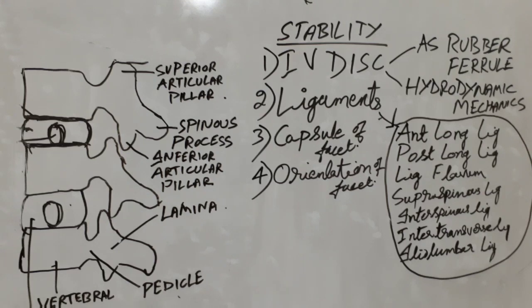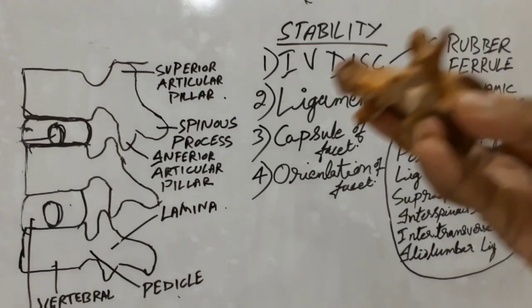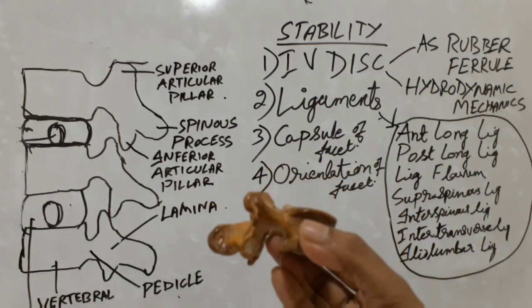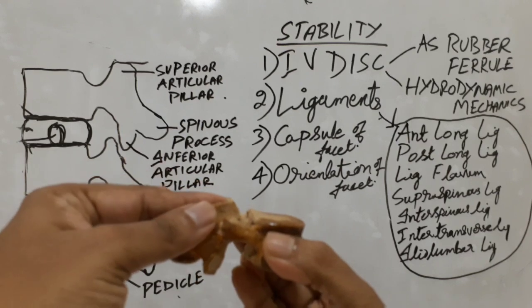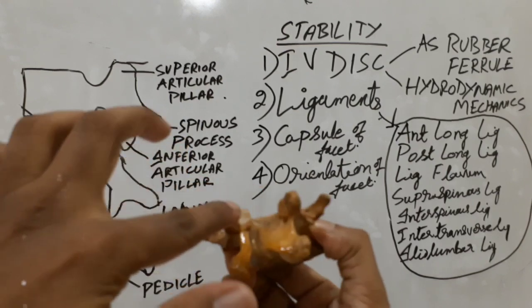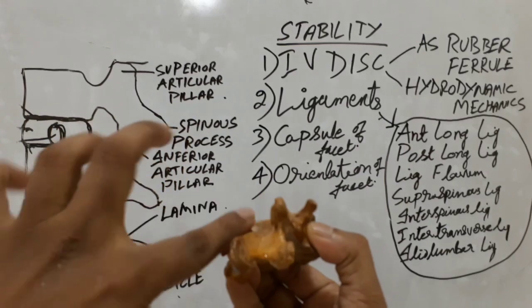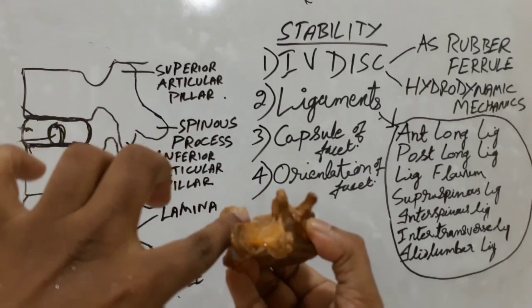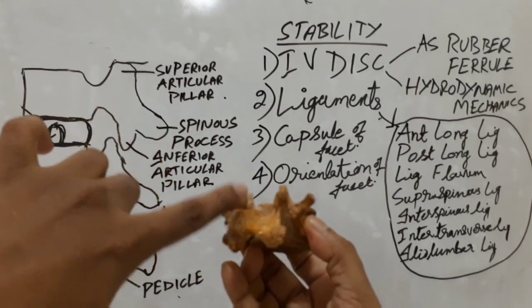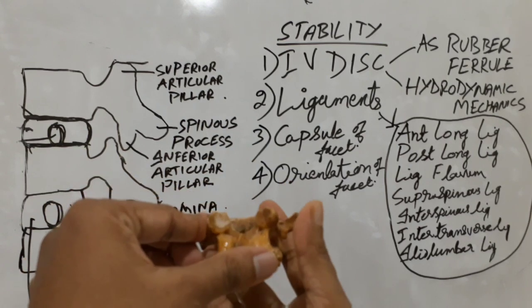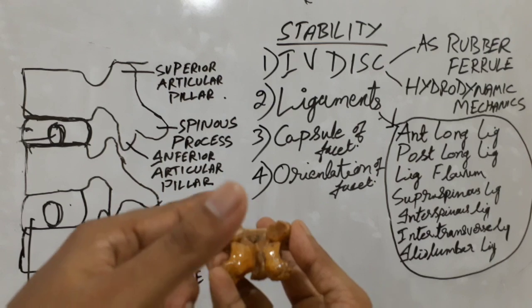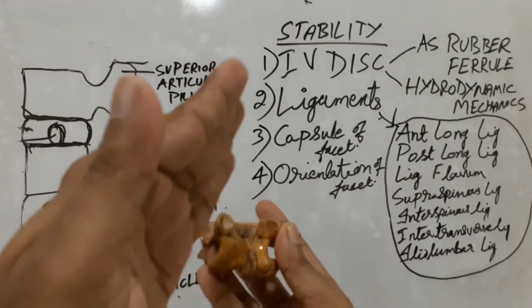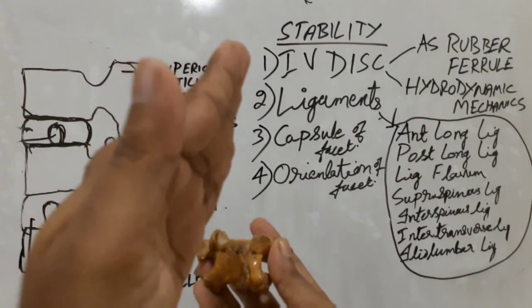When you take a lumbar vertebra, you can see how the facet is oriented. You know what this is? This is the facet, the articulating surface, the superior articulating surface. It is always oriented medially and backwards, in this plane.